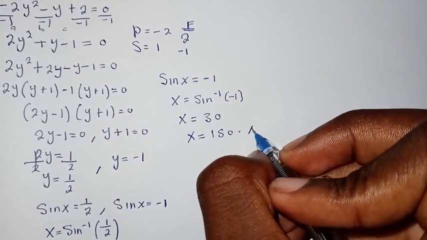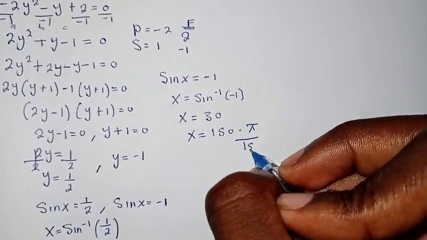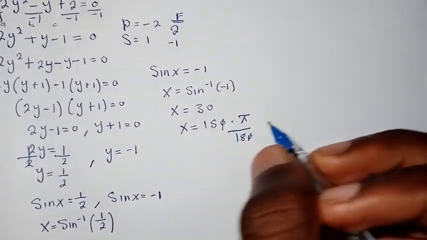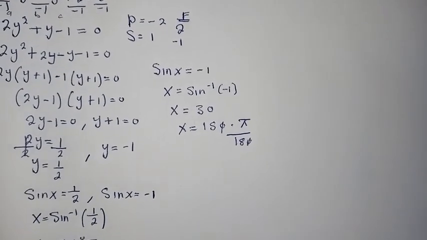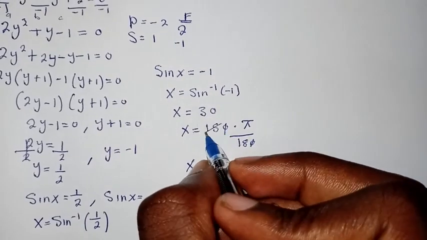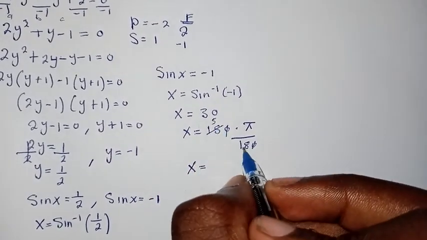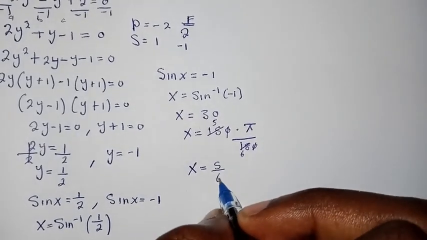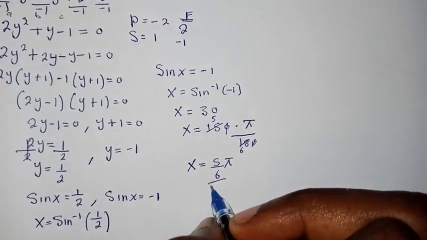So you convert this to radians. We are going to have this and this cancelled. And of course, you're going to have 3 in here, it is 5, and 3 in here is 6. So we're going to have 5 pi over 6 radians.